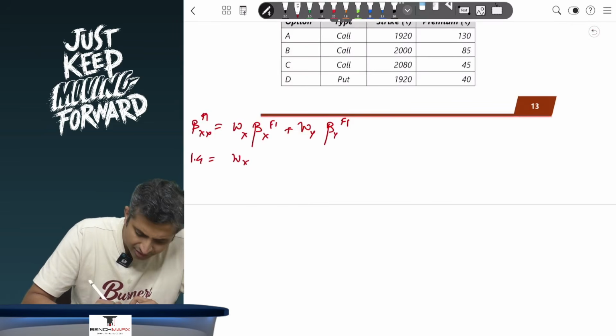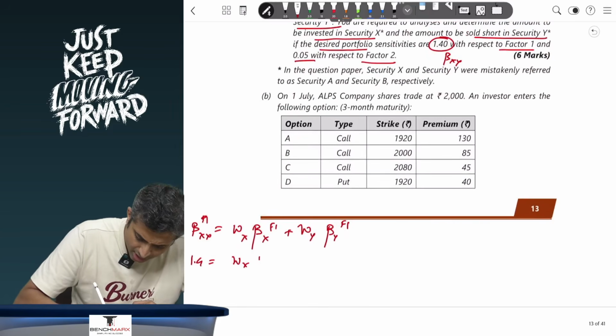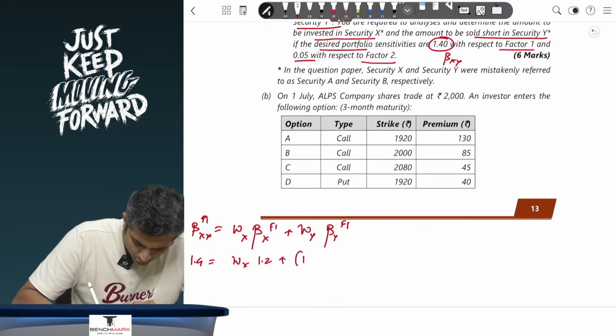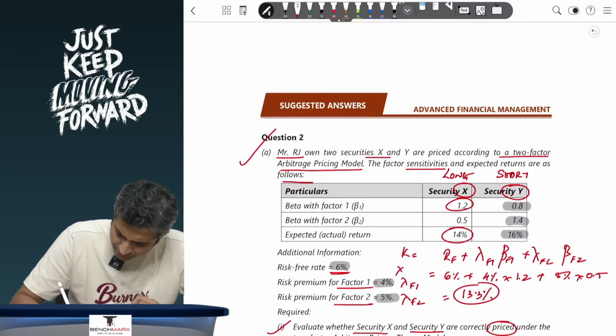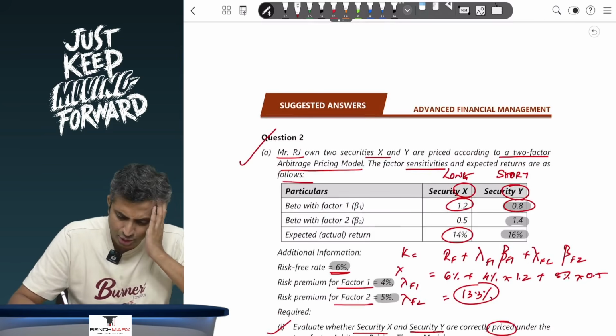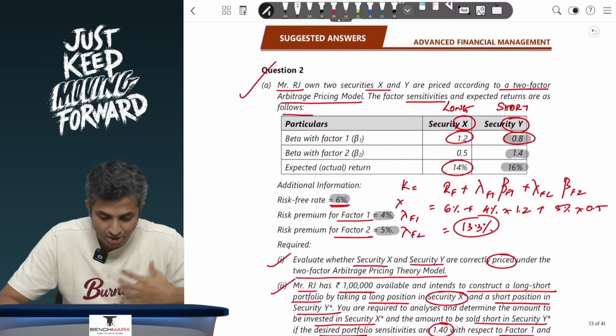Weight I don't know, let's say weight of X and beta of X to factor 1 is 1.2, and the weight of Y can be 1 minus the weight of X, and the beta here is 0.8 to factor 1 for security Y, so this is into 0.5. Now if I were to solve this equation, I would get the weights.